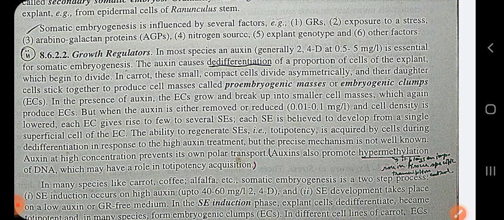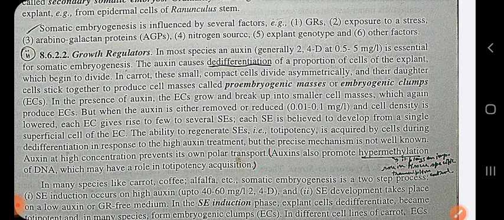This has to be noted if you want to do a practical based on somatic embryogenesis: if I add auxin, generally 2,4-D, at 0.5 up to 5 mg per liter of culture medium, then it is essential for somatic embryogenesis.